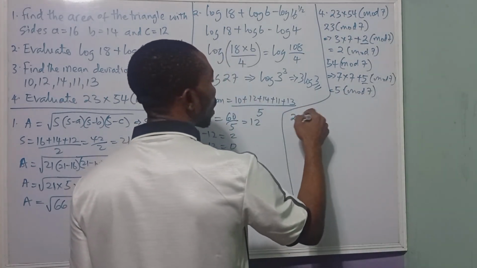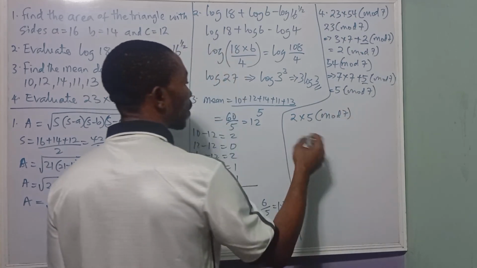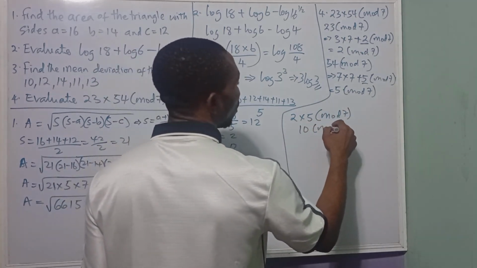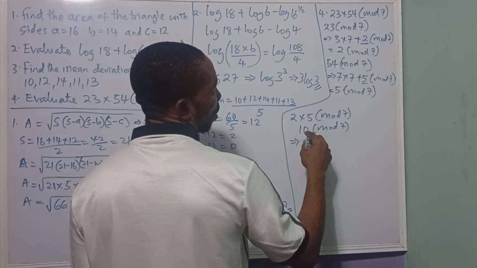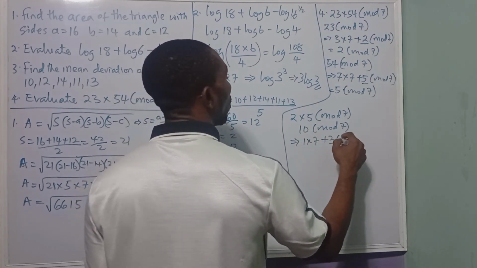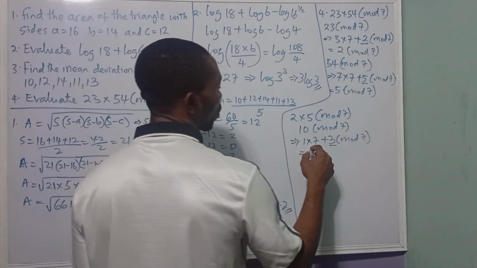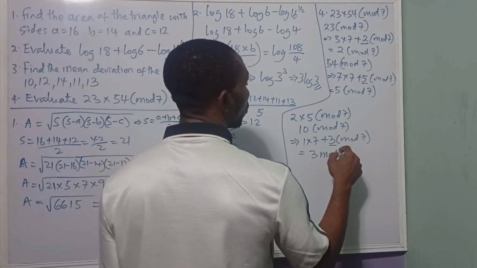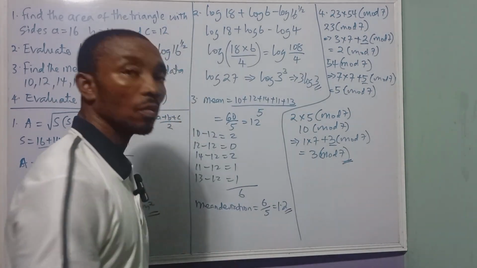That will be 2 times 5 mod 7. 2 times 5 gives us 10 mod 7. And 10 is 1 times 7 plus 3. So this gives us 3 mod 7 as our answer.